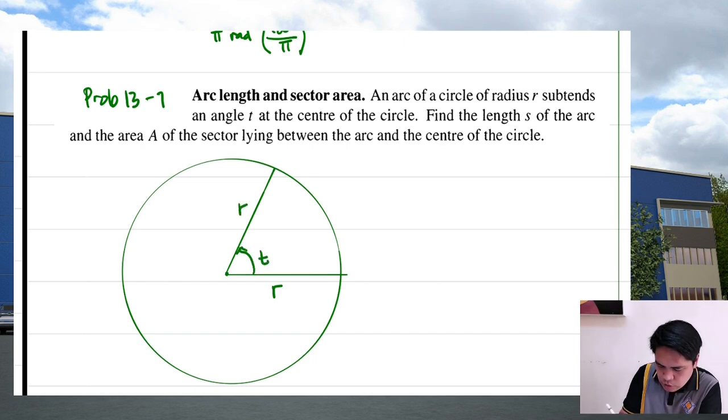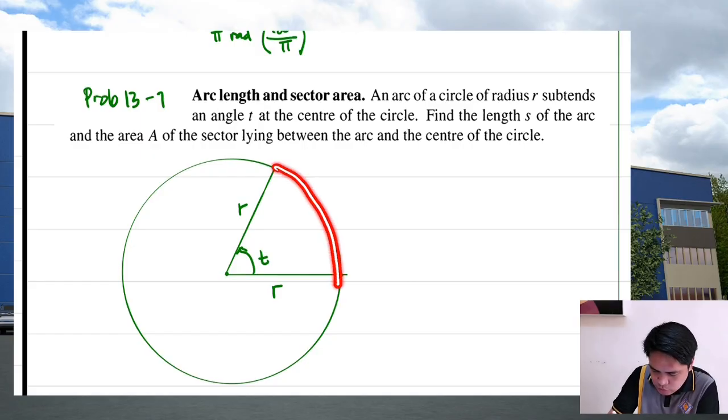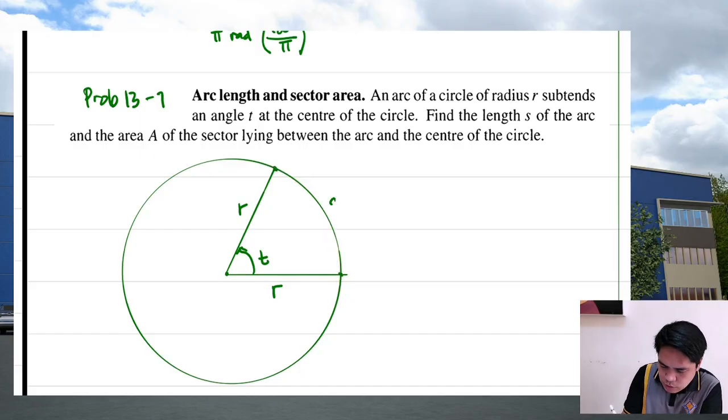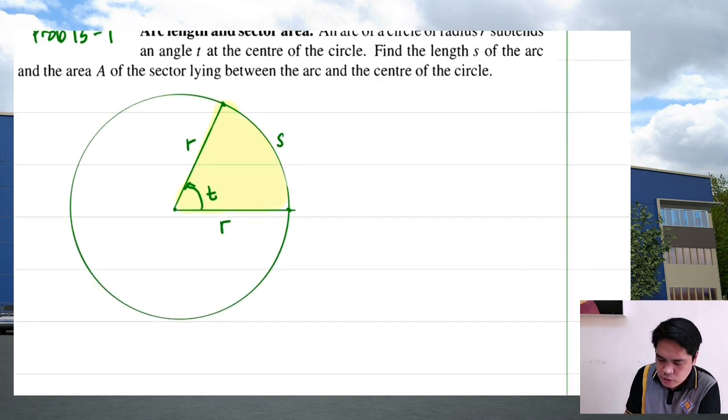So of course it's also r. Okay. Find the length s of the arc. So this is the length of the arc, which we will be calling s. And the area of the sector. So the area of the sector, of course, is this area we are describing. Okay? So how do we solve this?